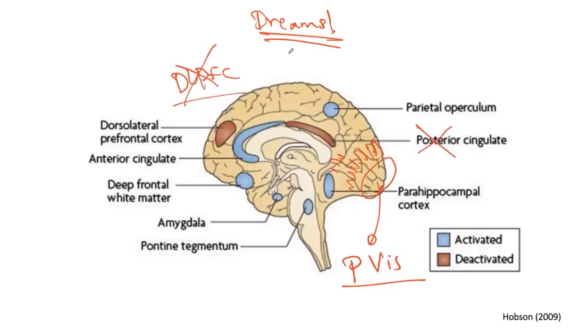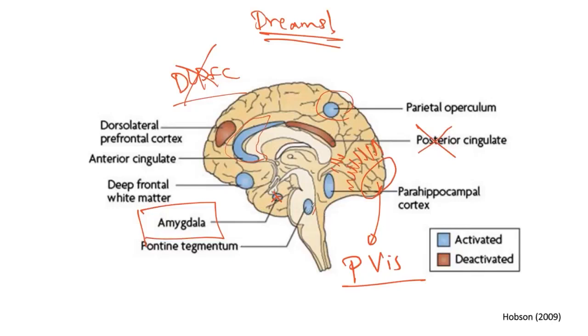But we still have lots of activations in interesting parts of the brain, related to visual imagery and different areas related to emotional processing. Especially we have the amygdala activated in a significant way, so that is the reason that we can have complete emotional experiences in dreams.